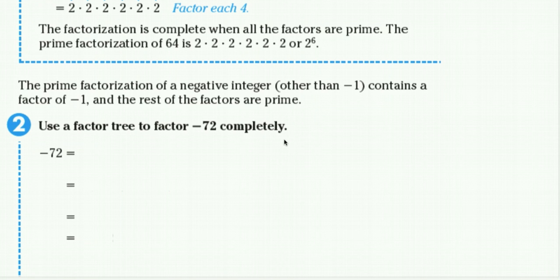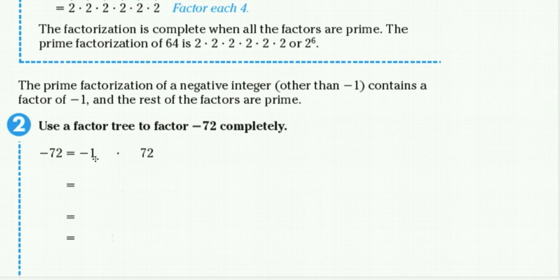So let's factor negative 72. Let's use a factor tree to factor negative 72 completely. Let's make negative 72 positive by doing negative 1 times 72. Remember, negative 1 cannot be a prime number or composite number because it's a negative.